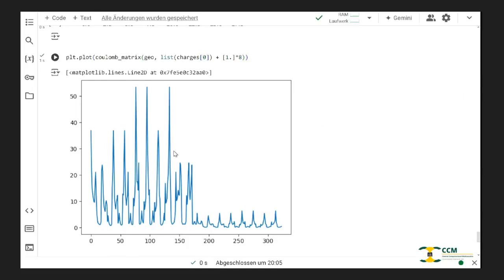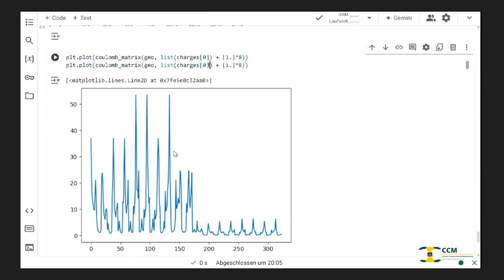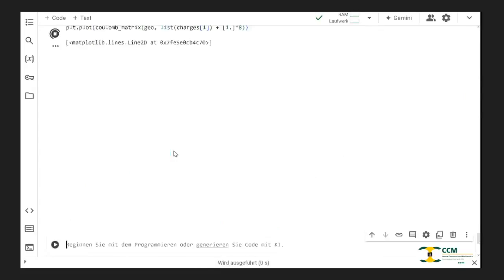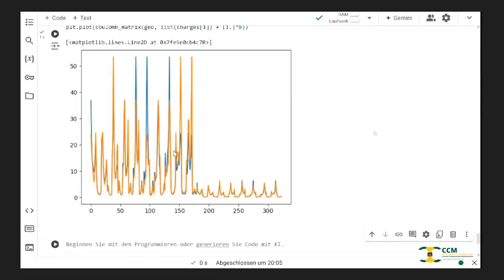If we now take the first and the second molecule, then you will see two lines here. So you see they are somewhat similar. There's blue and orange in this plot, right? They're somewhat similar, but the peaks are different and the shape is a little bit different. And that's exactly what machine learning is trying to use. Whether they are similar or dissimilar, that plot is going to look slightly different. All right?